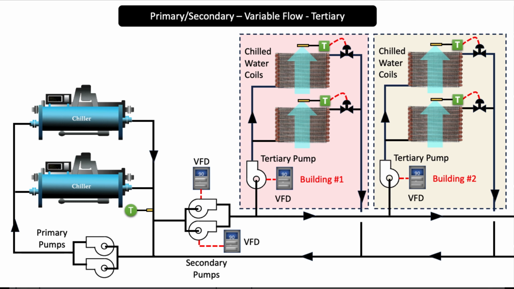Energy efficiency. The primary, secondary, tertiary design allows for precise control over the distribution of chilled water to different types of loads with varying cooling requirements. By separating the loops, the system can adapt to changes in each loop without affecting the others, contributing to overall energy efficiency.